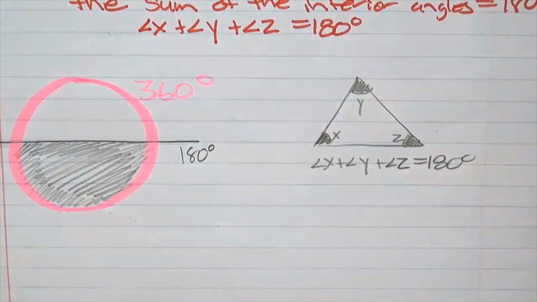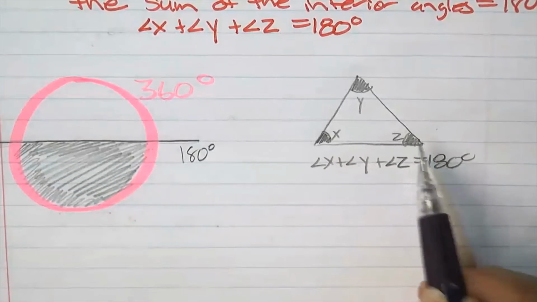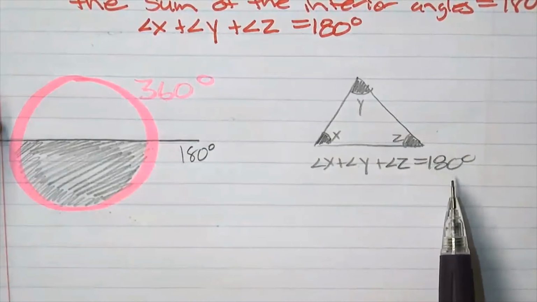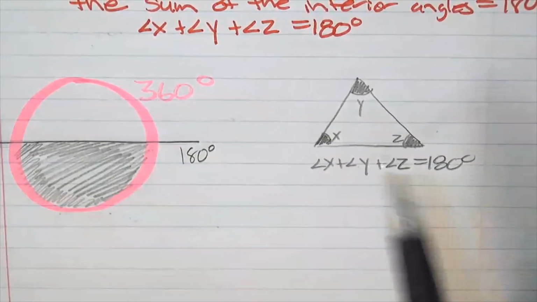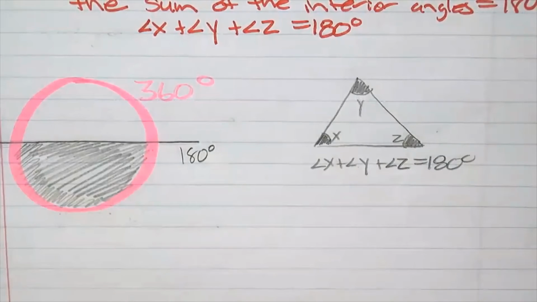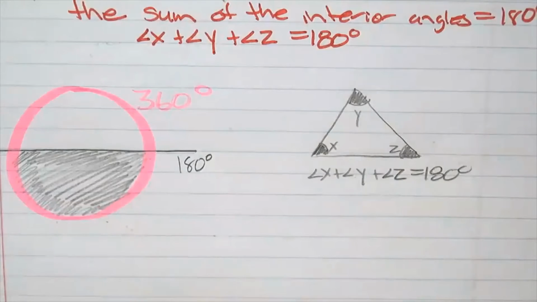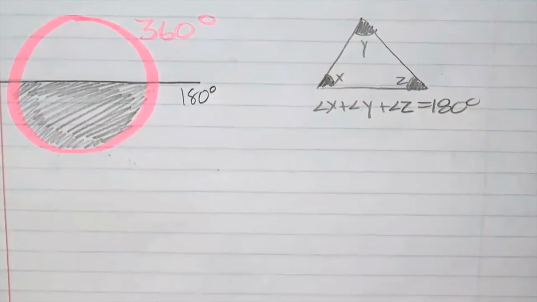So that means this plus this plus this should equal a straight line, right? Because 180 degrees is a straight line. And I'm telling you that all three of these added together are 180 degrees, a straight line. So we're going to go ahead and prove that.